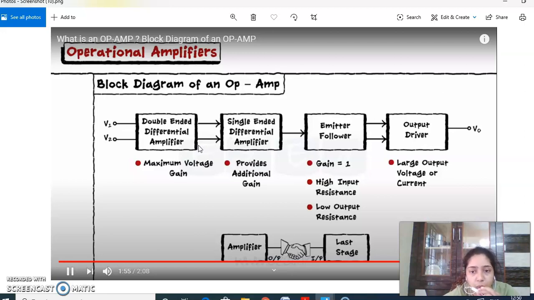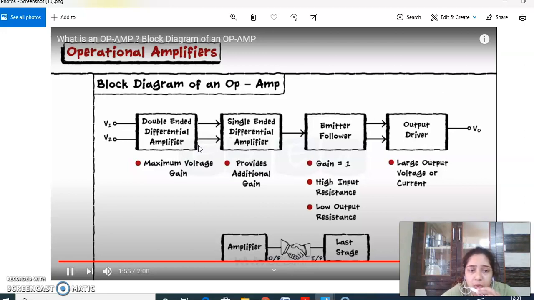Whenever we have a low output resistance for any circuit, the voltage drop will be very small, because very little voltage is dropped across a smaller resistor. So almost all the input voltage will be passed to the next stage, and we can amplify the given signal as we require. These are the four very important parts of the block diagram of an op-amp.